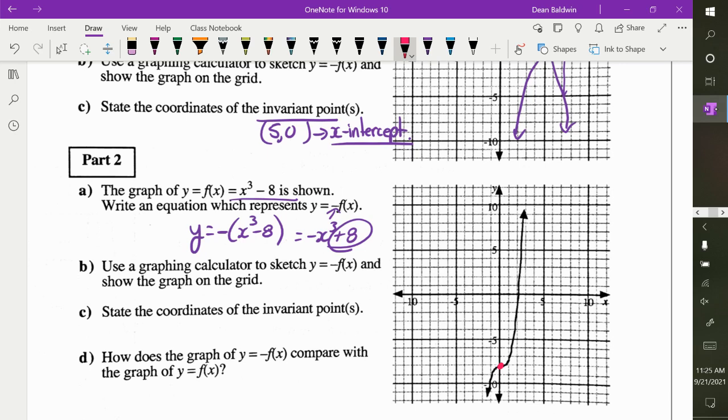The reflected one has a y-intercept of positive 8. Again, it takes all your y values and puts a negative in front. So if this has a y value of negative 7, it now becomes positive 7. The whole graph just flips like that. This point stays the same because it's the x-intercept. It has coordinates 2, 0. That's the invariant point.